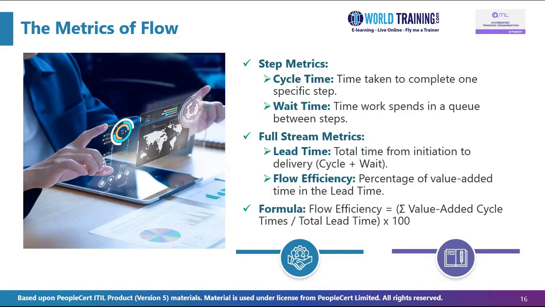The formula is flow efficiency equals sum of total value added cycle times divided by total lead time multiplied by 100.